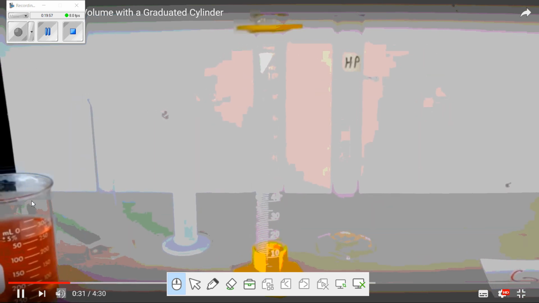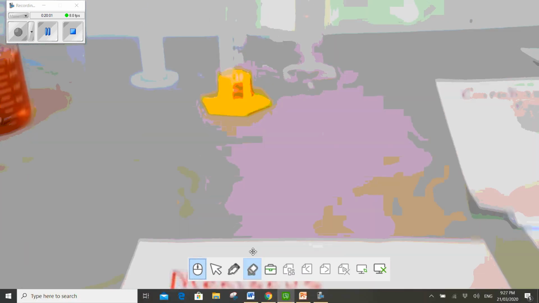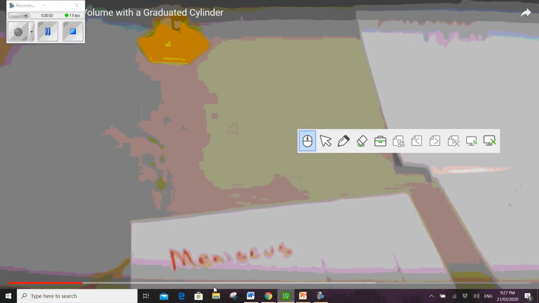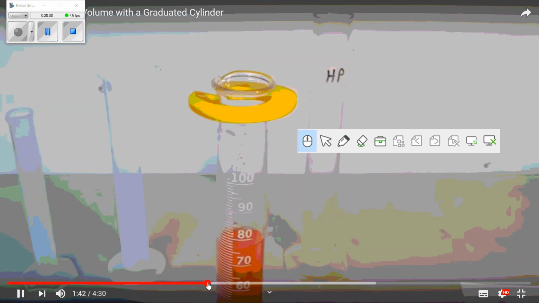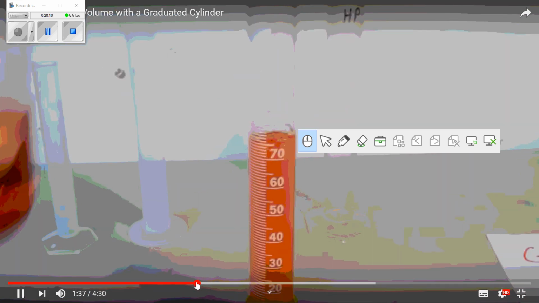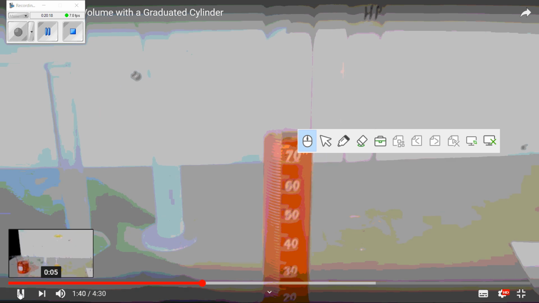We will pour the colored water in the graduated cylinder. We will see. Okay, again. Look. He pours the water. Now, how much colored water do we have?